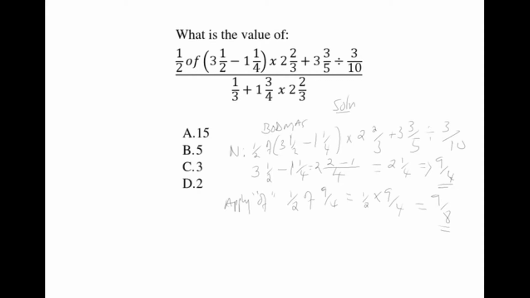Then we go to the division. Division is the next one when we finish up with the half. So the division will be dividing 3 3/5 by 3/10. We change 3 3/5 to an improper fraction, so we have 18/5 divided by 3/10.